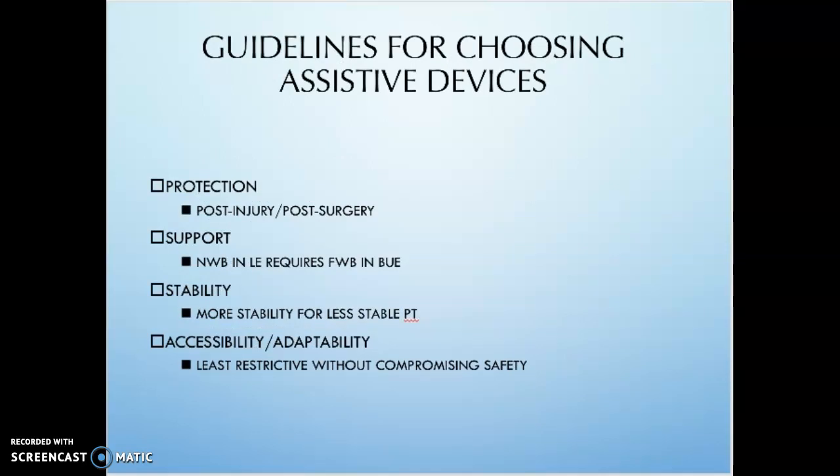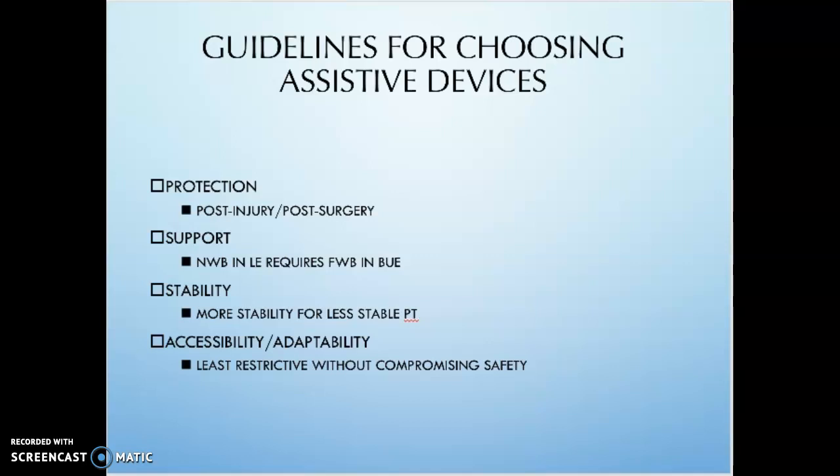So as we're considering an assistive device, we want to be able to protect our patient or our patient's limb after a surgery. And obviously, if someone's going to be non-weight bearing, they're going to have an assistive device that uses both hands.